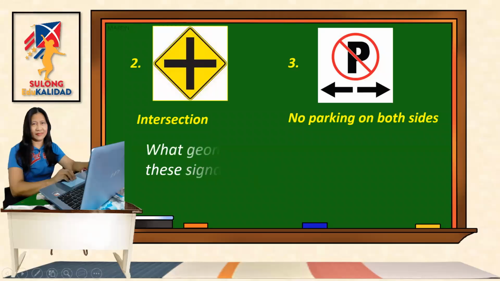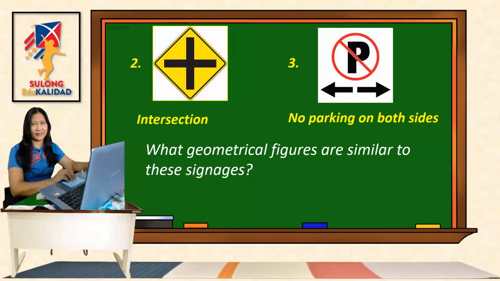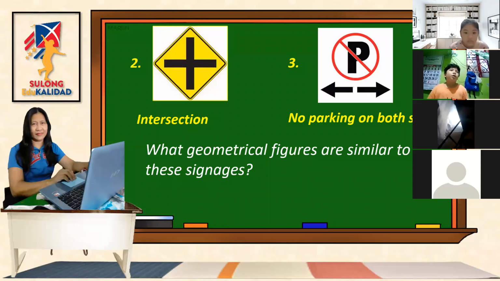Okay. See the question on my screen. What geometrical figures are similar to this in signages? Now, those signages that you can see on the roads are similar to the geometric figures that we are going to talk about this morning.